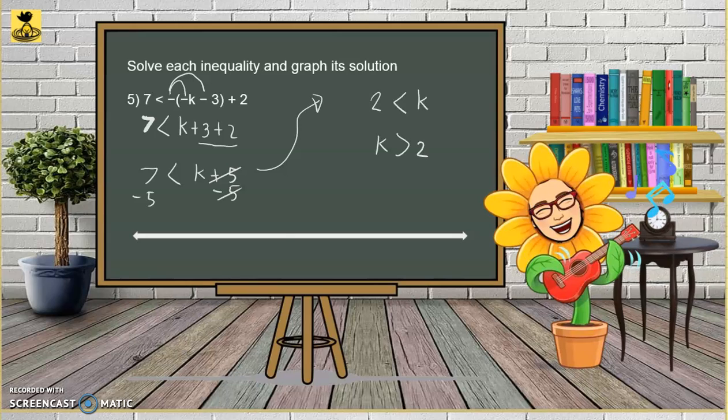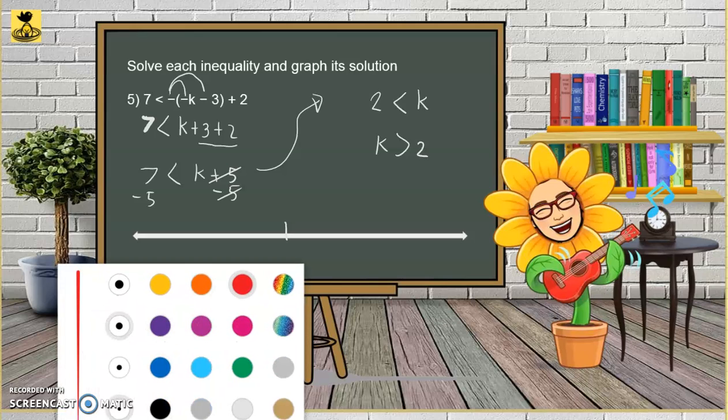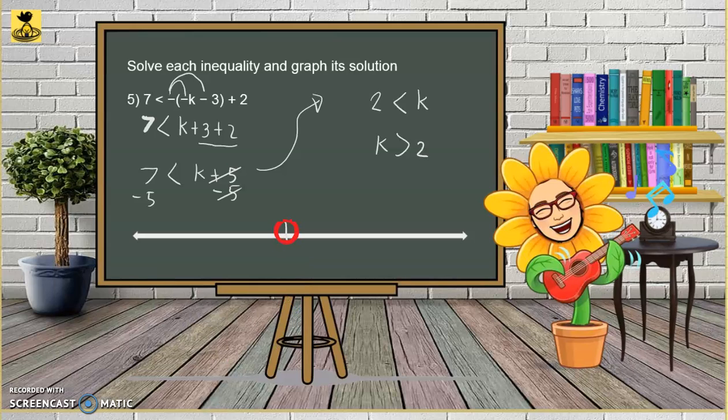So we will locate 2 here. k is greater than 2, so we have this open circle. Greater than is going to the right direction of the number line.